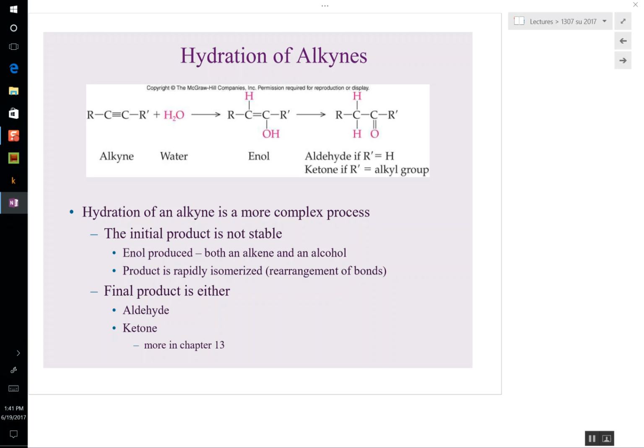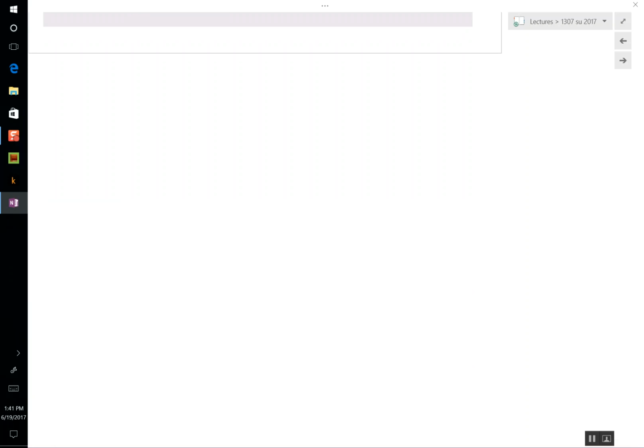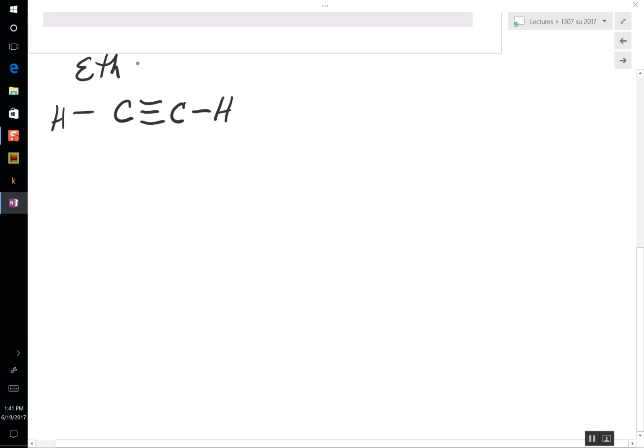Don't worry about the hydration of alkynes. The only thing I would have you worry about with alkynes is just be aware of, let's imagine we had acetylene, which is ethyne, plus hydrogen.